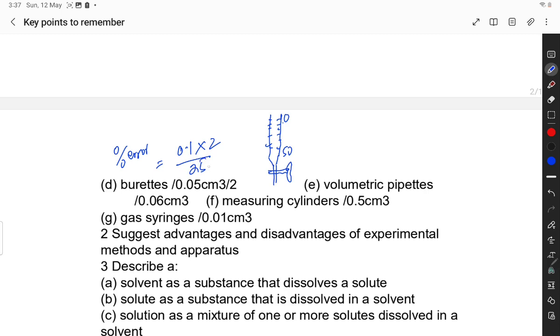For example, if 25 cm³ is the volume, in this way we can find out the percentage error of the burette.